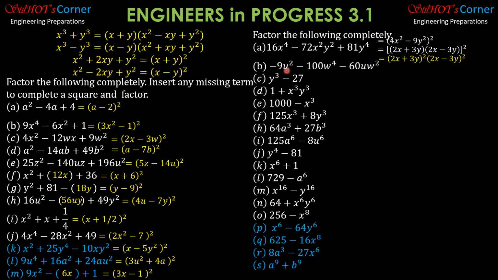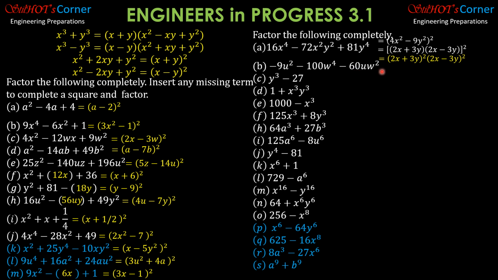So all terms are negative. If we factor out negative, then we'll have 9u² + 100w⁴ + 60uw², or negative (9u² + 60uw² + 100w⁴). The square root of 9u² is 3u, the square root of 100w⁴ is 10w², so 3u times 10w² is 30uw², times 2, which is the middle term.